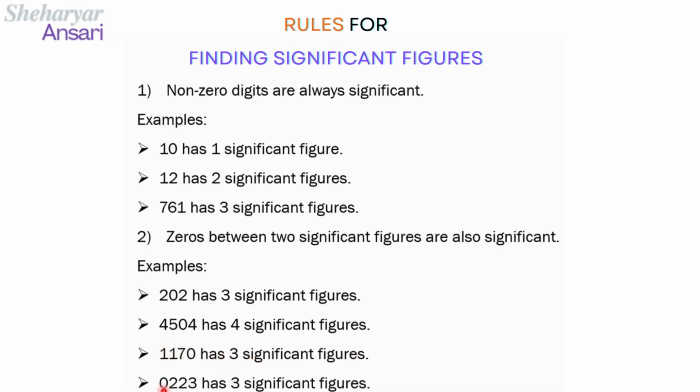Now fourth example, 0.223. The 0 is not placed between two significant figures. On the right side there is a significant figure, but on the left side there is no non-zero digit. So this 0 will not count as a significant figure. So 2, 2, 3, there are three significant figures.